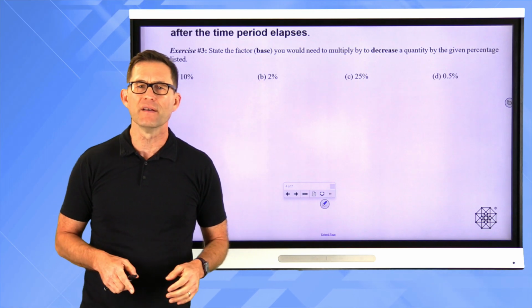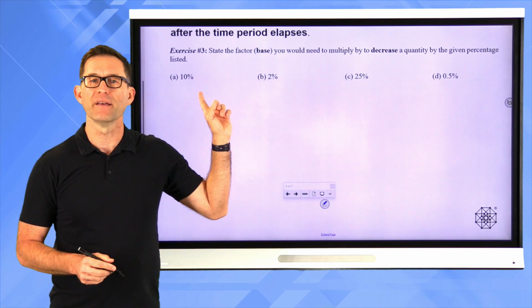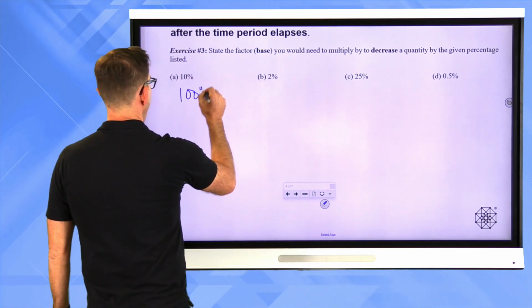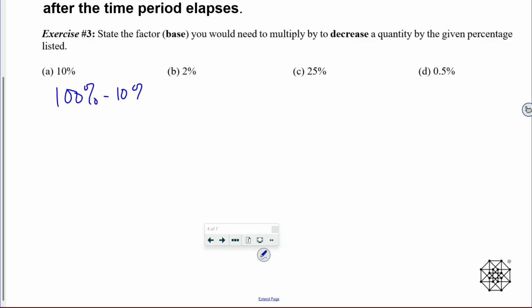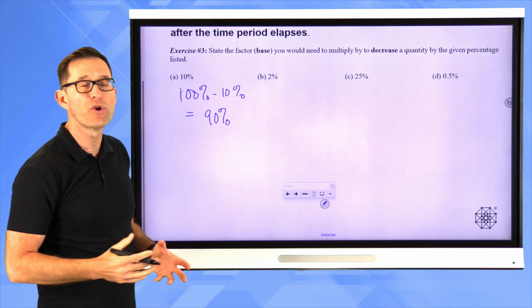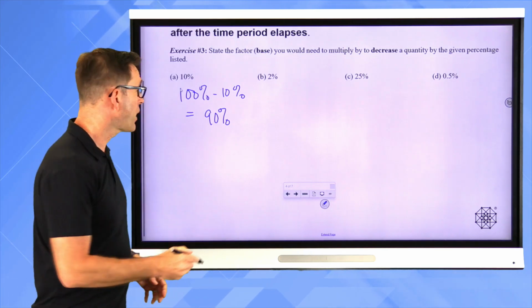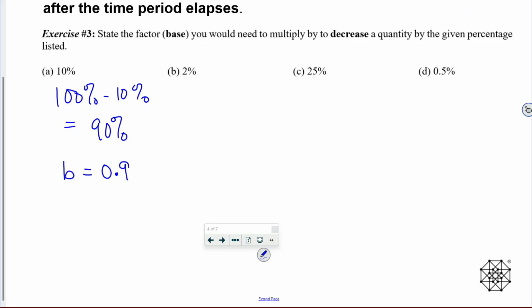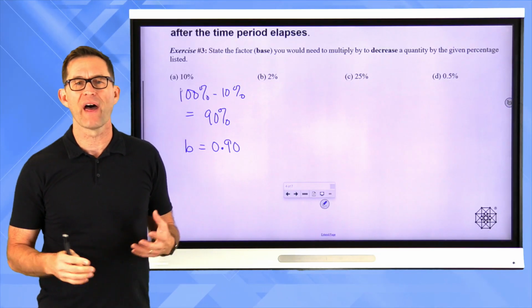Now again, the idea is, if I was decreasing something by 10%, then I would have 90% left over. That's what would remain. But what I would actually want to be multiplying by is 0.9. And maybe I'll put it as 0.90 to really hammer home that idea.